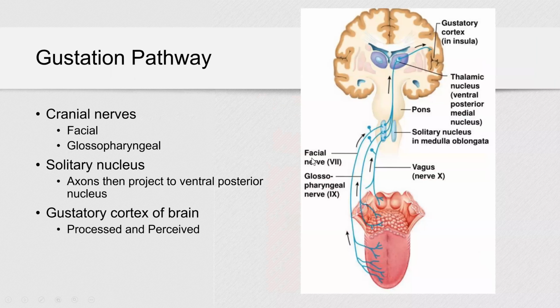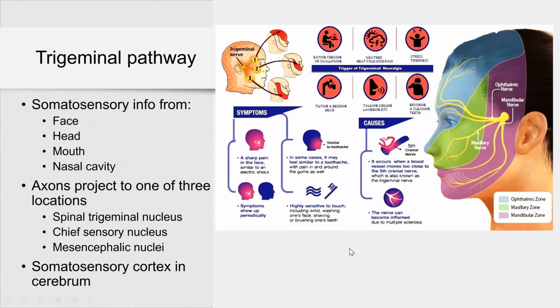This diagram shows you the condition that is called trigeminal neuralgia. Here's the name. And this is really very, very severe, sharp pain in the face. Symptoms show up periodically, and in some cases, it seems like a toothache.